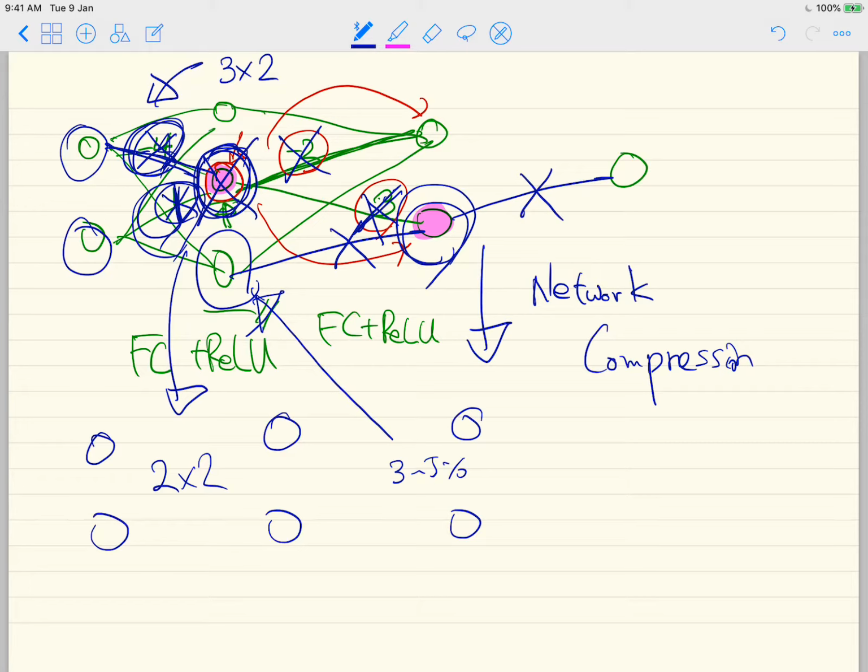So it means that node is used only 3 to 5% of the time given the training data, right? So the utility, how often this node is actually used in our network, is only like 3 to 5%. Those nodes are the ones that we can remove if we want to more actively reduce the network size or compress the network.